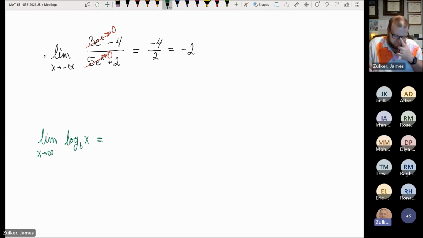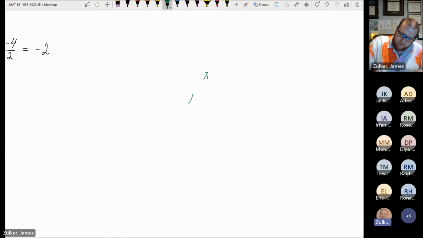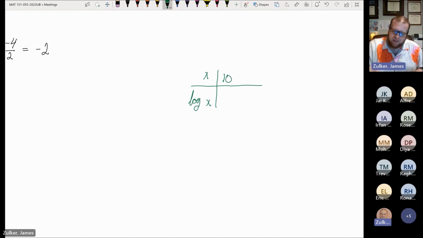So try a chart. Let's do log base 10, let's say. So we'll do the common log. So if x is 10, what is log of x? Or in other words, what is log of 10? And again, remember common log, base 10.